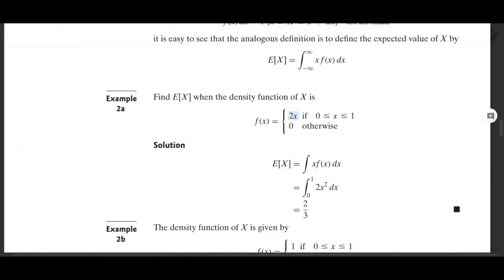Just draw the plane in your head, and this density is 2x, a linear function with a slope of 2. We can drop a vertical line to the x-axis, so the area of the triangle will be 1.